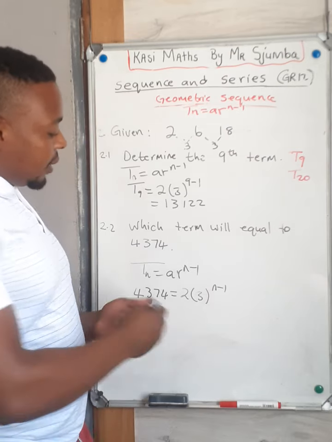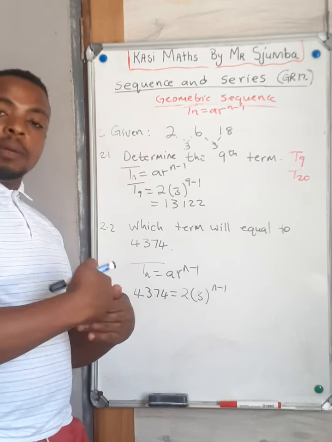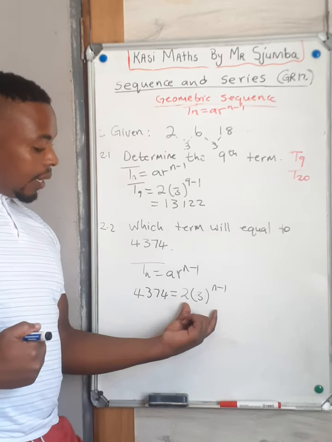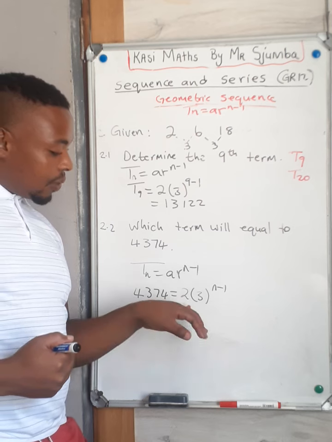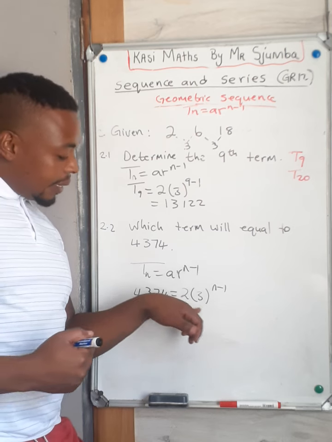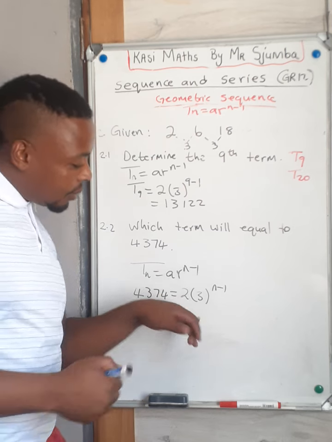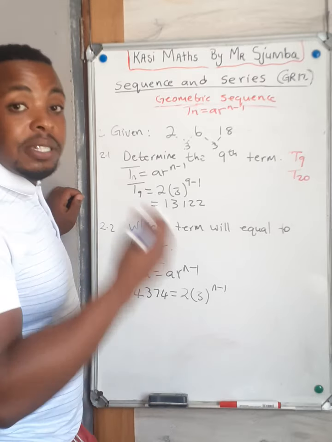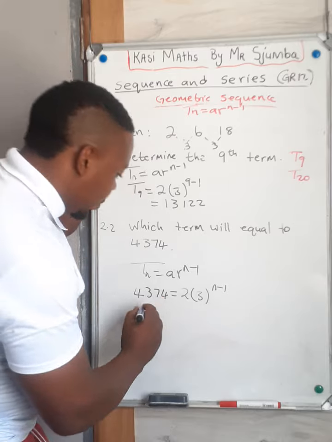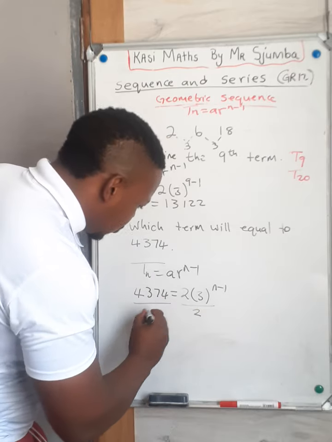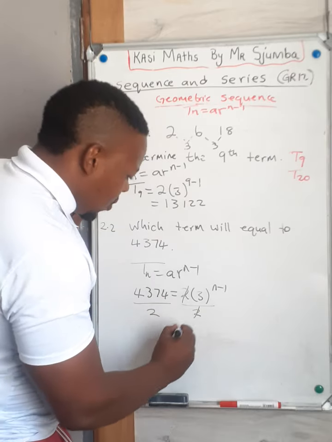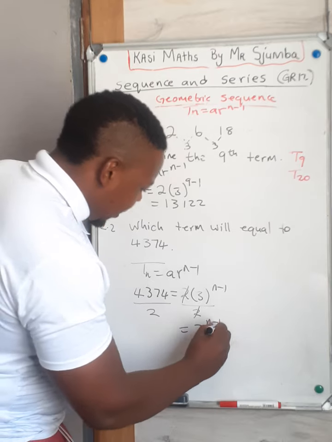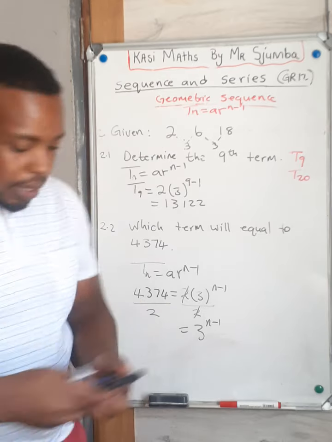So here, to solve for n, we should remove everything. First we're going to remove the 2, and then we must bring down the exponent, because the variable is up there. So divide by 2, divide by 2, cancel, and on this side we're left with 3 raised to n minus 1.